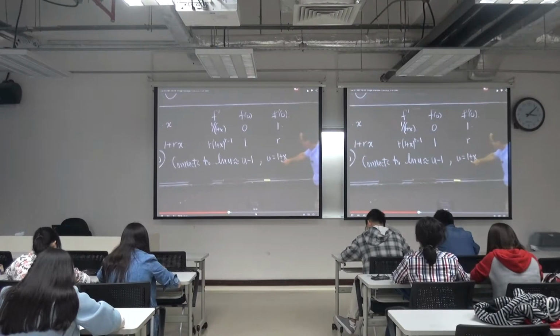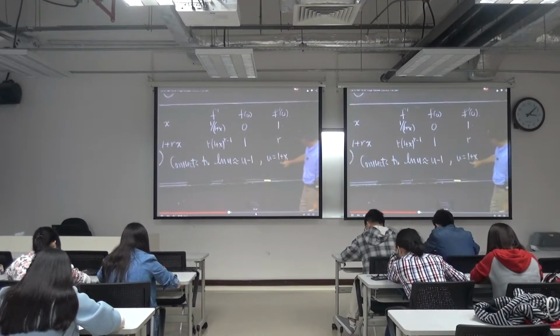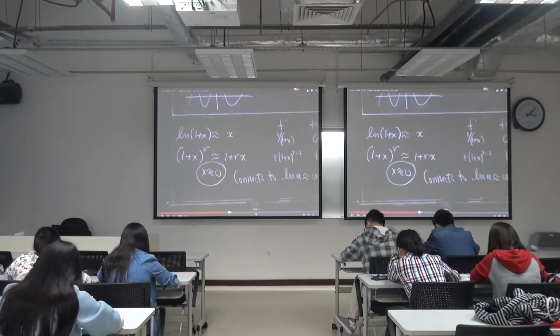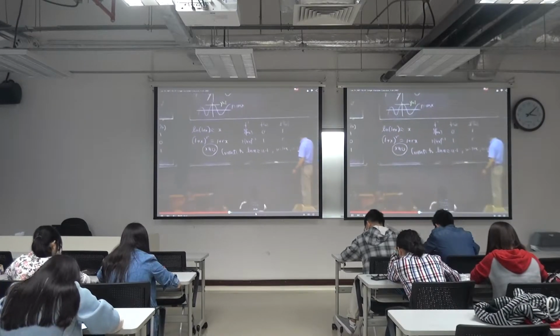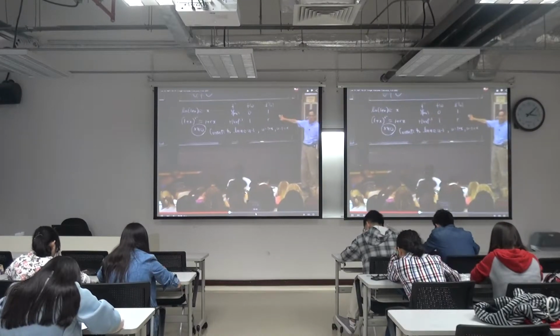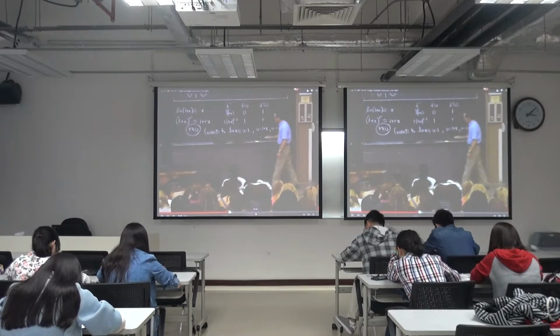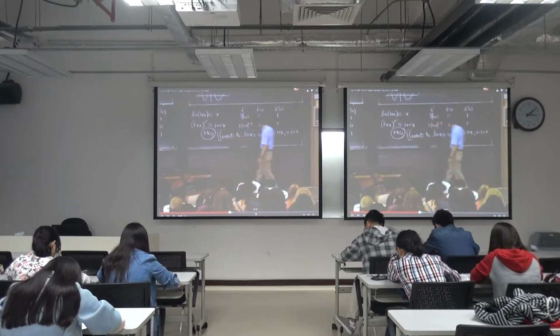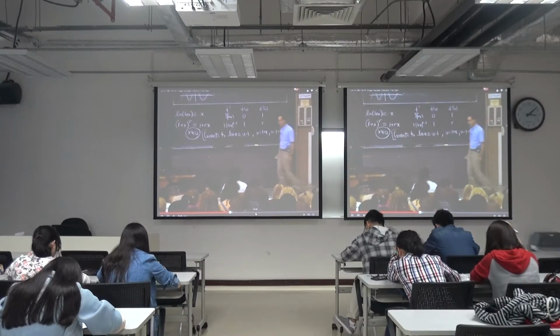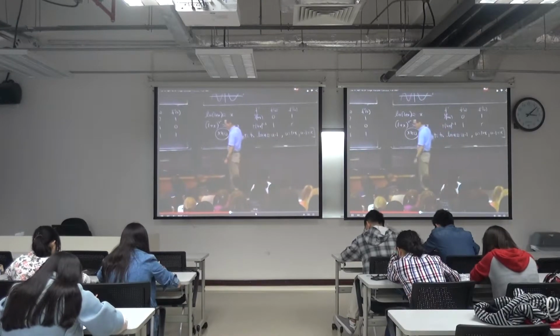And then that, if I copy it down, you see that I have a u in place of 1 plus x, that's the same as this. And if I write out u minus 1, if I subtract 1 from u, that means it's x. So that's what's on the right-hand side. So these are the same computation. I just changed the variable. All right.